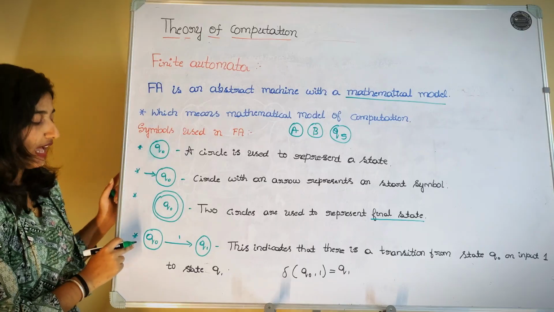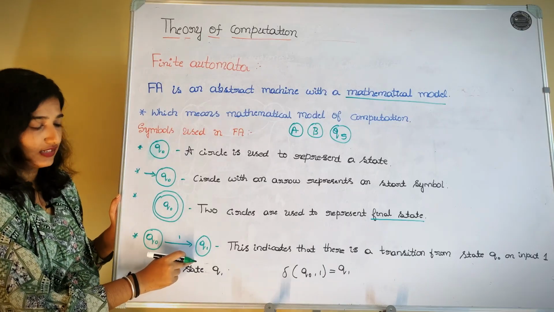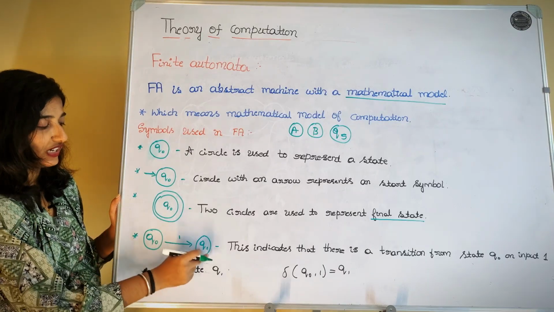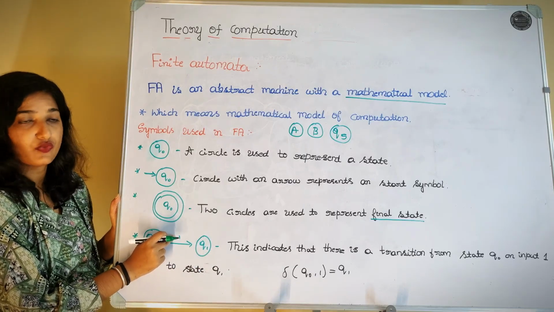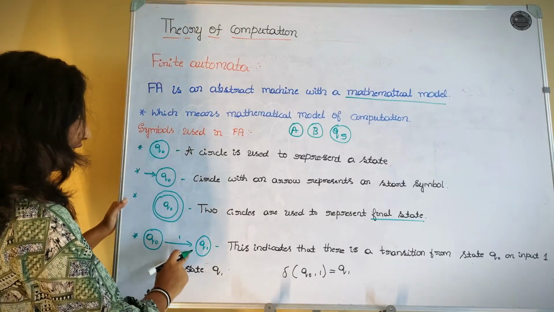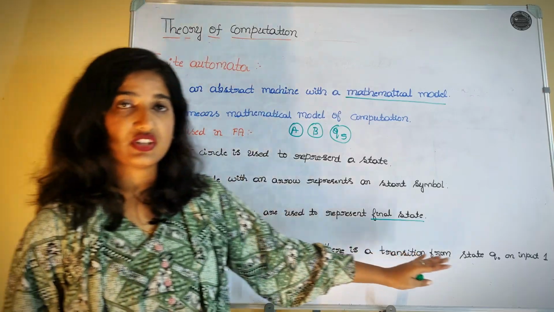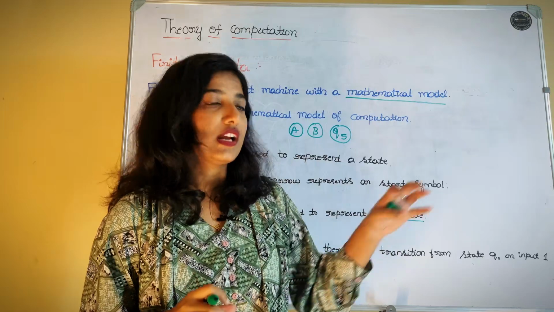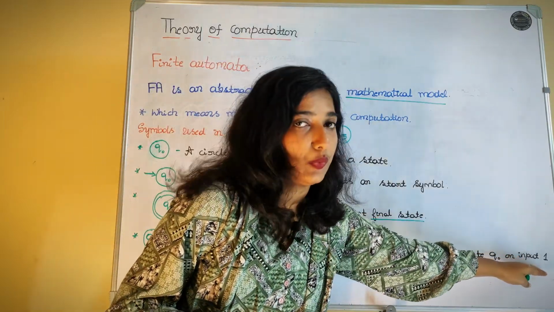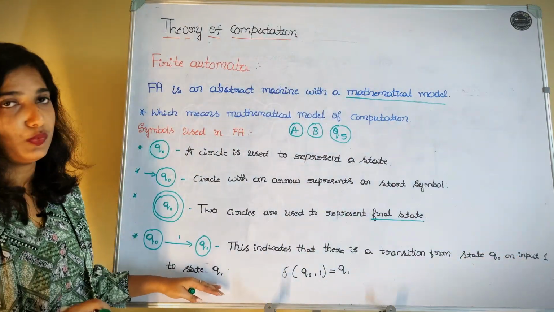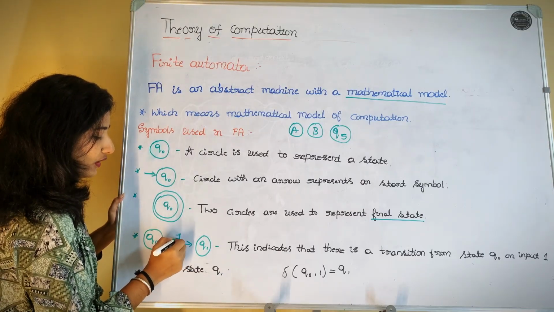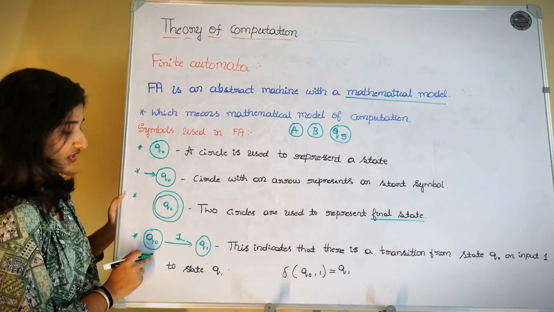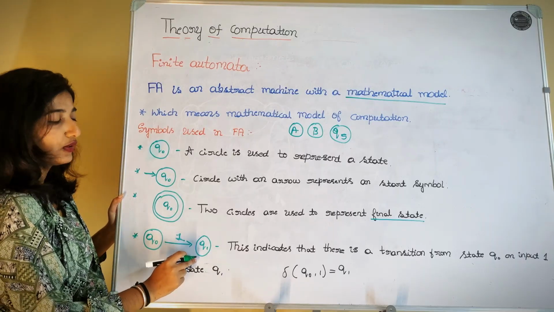We have two states here, state Q0 and state Q1, and upon the arrow we have 1. What does it mean? This indicates that there is a transition from state Q0 on input 1 to state Q1, which means when we have an input of 1, there will be a transition from the state Q0 to Q1.